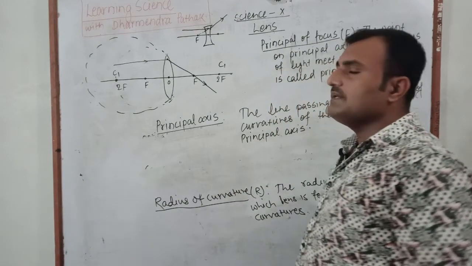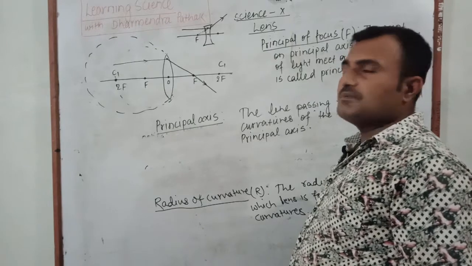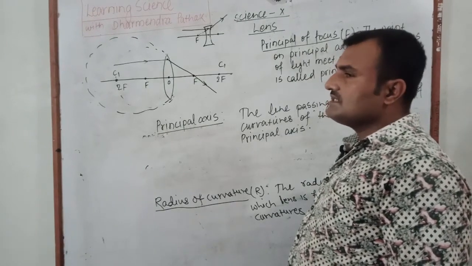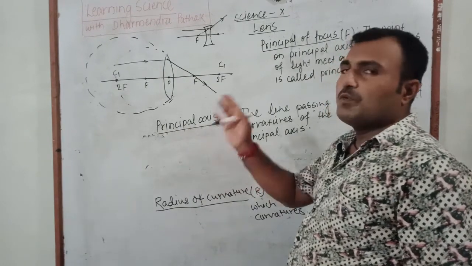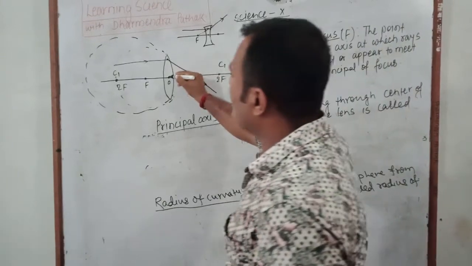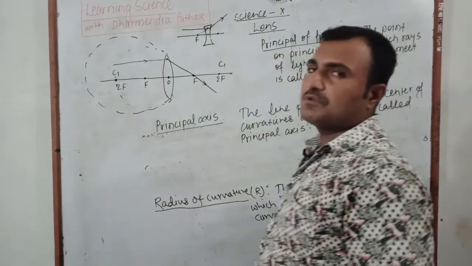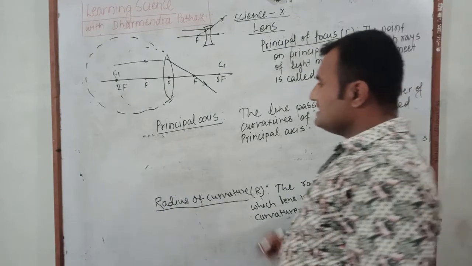It has no particular symbol to represent it, it just goes without deviation. It passes through the optical center and passes through the lens without deviation.